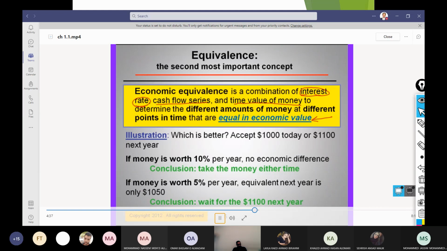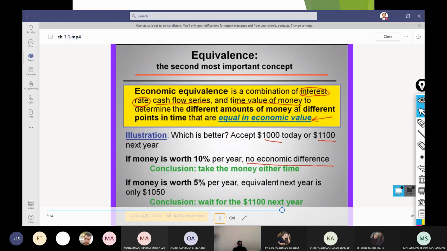Here is an illustration. Suppose that your grandparents just offered you a gift of $1,000 today, or $1,100 exactly 1 year from now. Why? Because you made all A's and B's these past 2 semesters. Which offer should you take? Well, if money earns 10% per year, it makes absolutely no economic difference. Why? Because from an economic viewpoint, both amounts are equivalent at 10% per year. Now, you should note that your decision to accept the gift now or later is a function of the interest rate from an economic perspective.